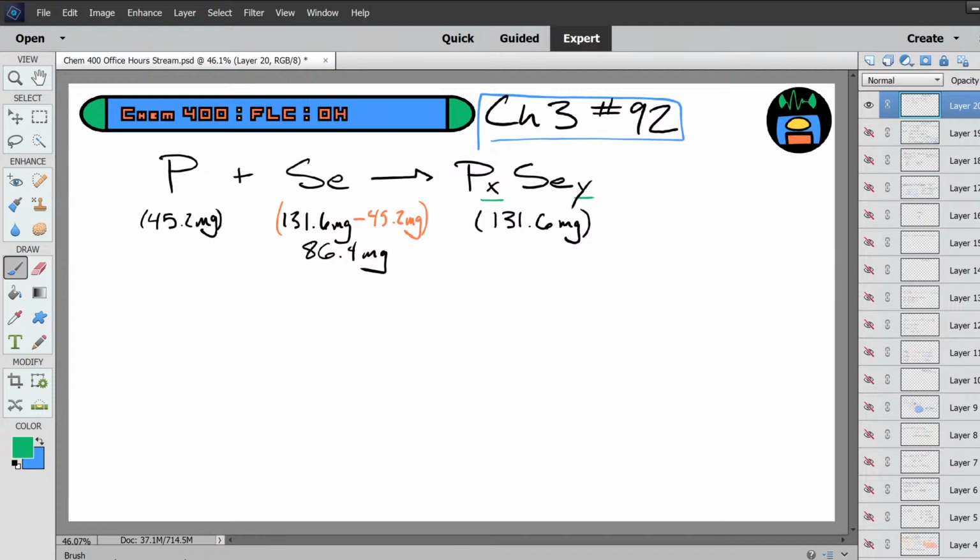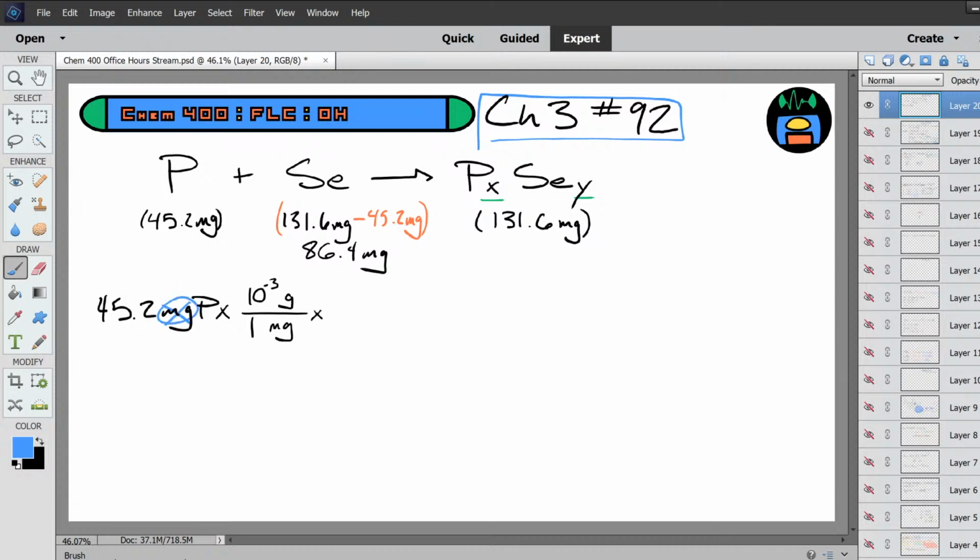All right, let's give this a whirl. So I'm doing phosphorus first. We have 45.2 milligrams. Now our atomic masses are conversion factors to convert from grams to moles. Right here we're in milligrams, so we actually need to do a conversion to get from milligrams to grams, and that unit conversion is 1 milligram is 10 to the negative third grams.